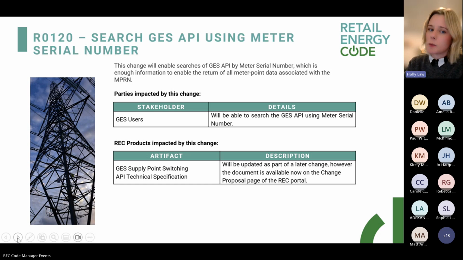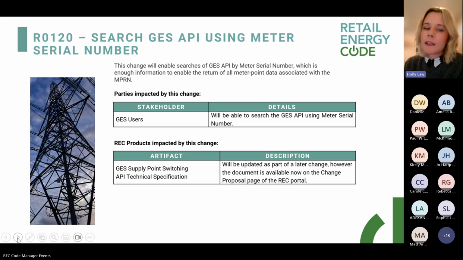The reason this change has come about is because currently consumers without billing information who have either ambiguous addresses held in the gas inquiry services, or they don't have any billing information to hand, may not be able to switch supplier as it does not provide an MSN searchability function through the supply point switching API at the minute. The meter serial number may be the only obtainable information for the consumer, as it is displayed on the meter.